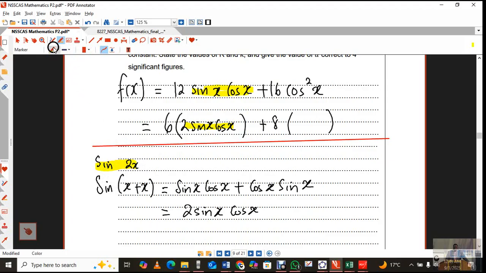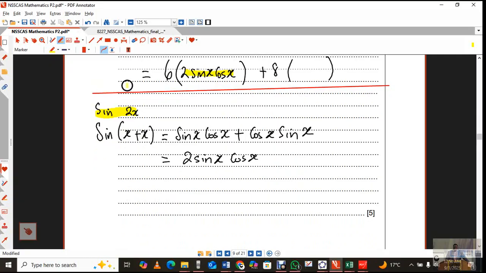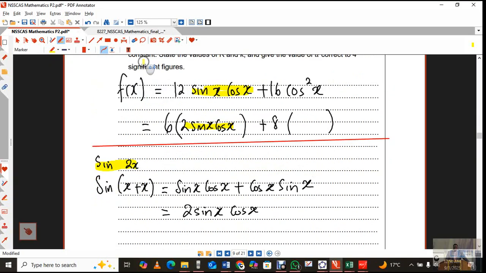Now, let's do another one. What about that cos? Let me just go ahead and write it. So I'm going to have 2 cos square x, because I know that 8 times 2 gives me that 16.